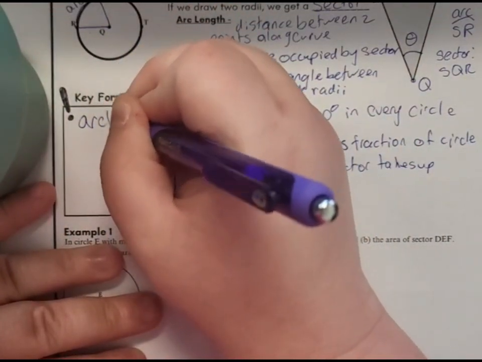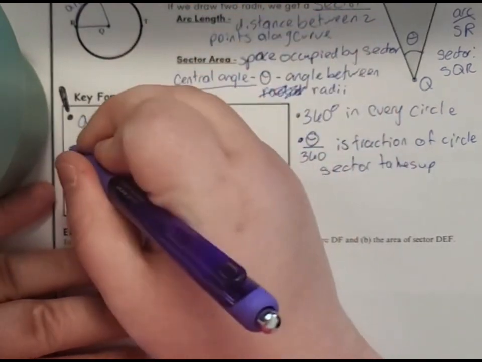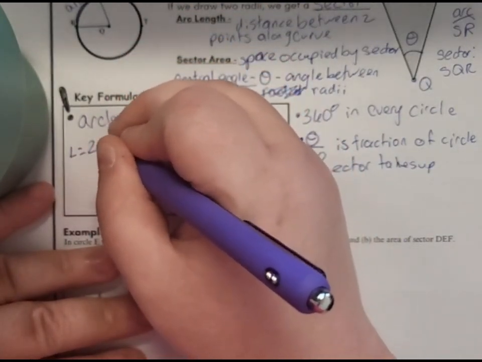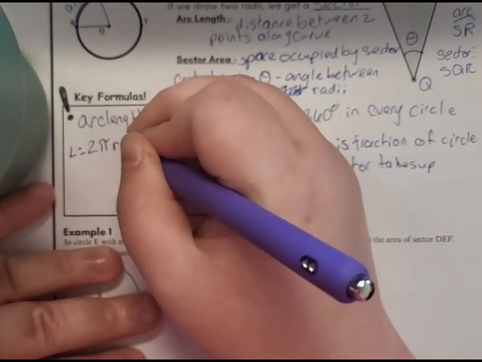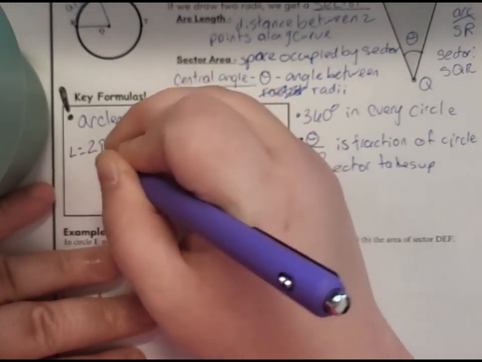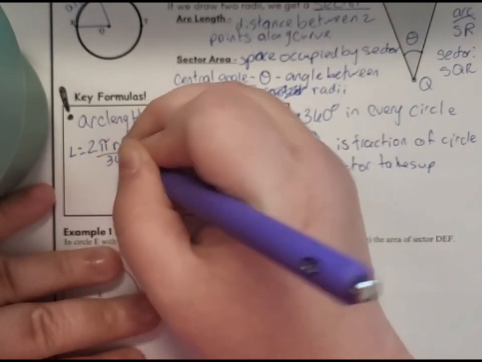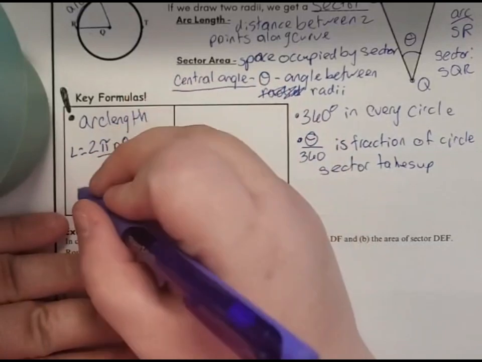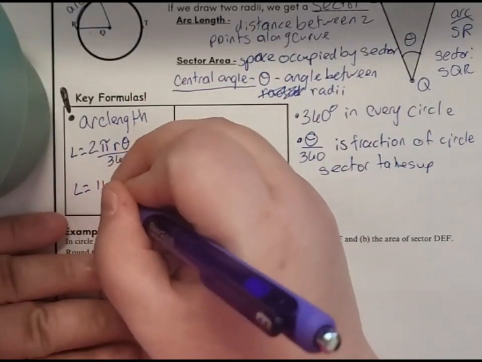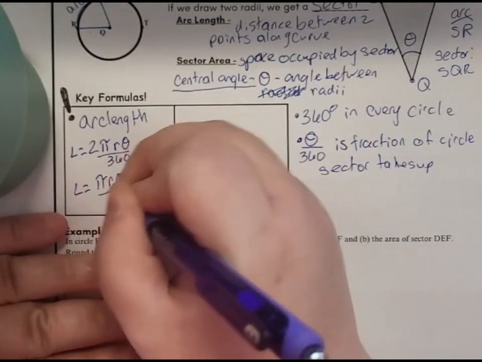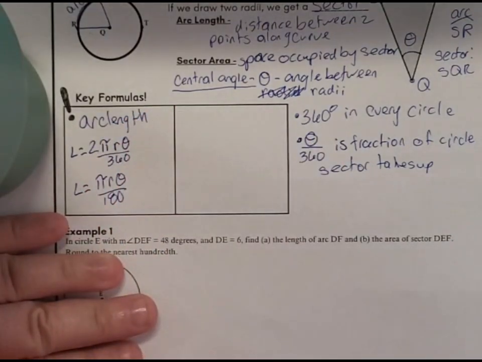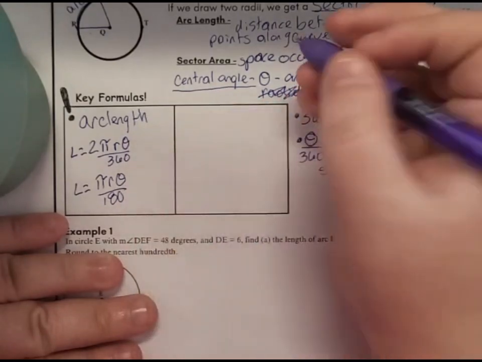So the arc length formula is 2 pi times the radius times our angle over 360. Now this can be simplified to pi r times our angle over 180 if we divide the 2 and 360 by 2. But both of these work.